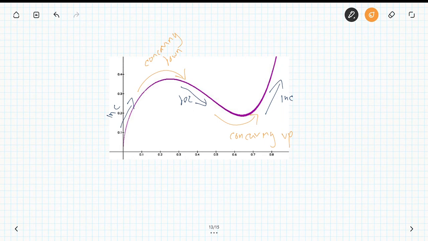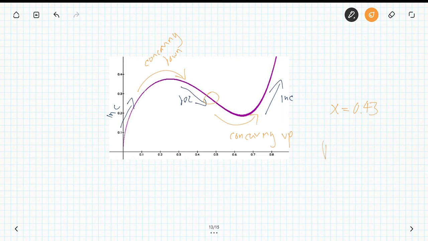I'm just going to guesstimate because we're looking at visuals. We're not looking at actual functions that depend on x and y. This is just a visual, so I'm going to say that the double derivative is 0 at that point. So the x where you have an inflection point is going to be, let's say, 0.43.